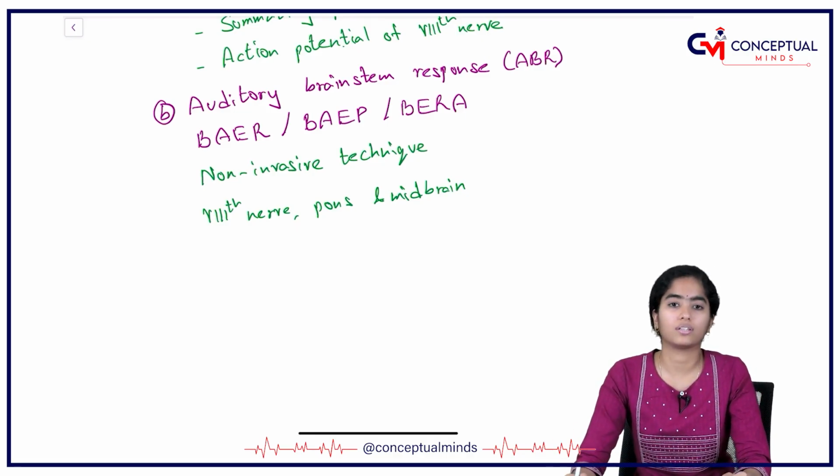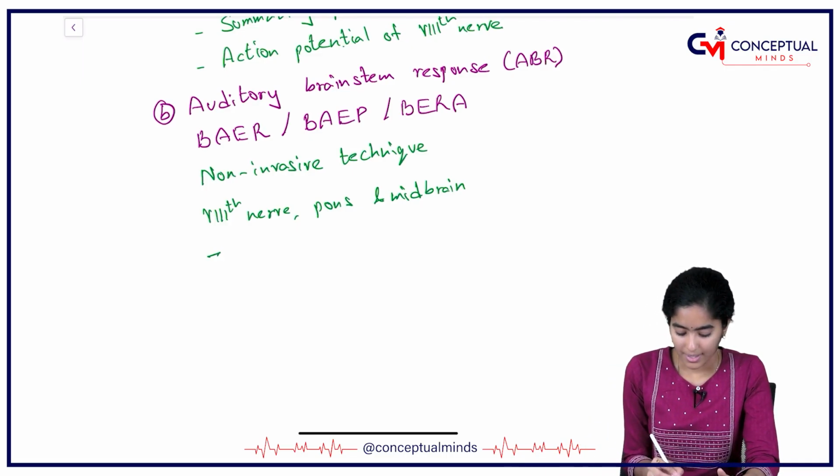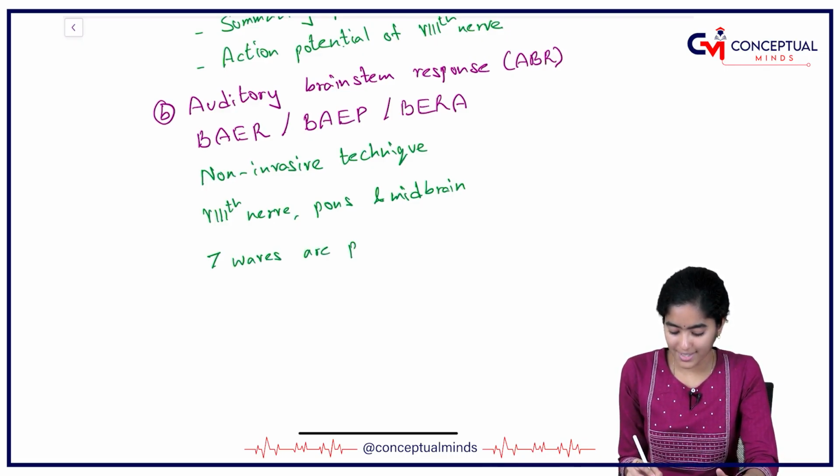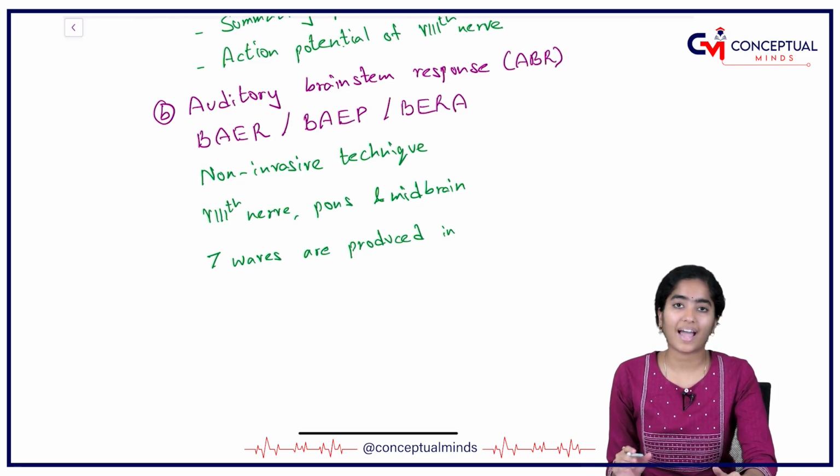When you draw the graph, normally 7 waves are produced in the first 10 milliseconds. Now, electrocochleography measures activity in the first 5 milliseconds.